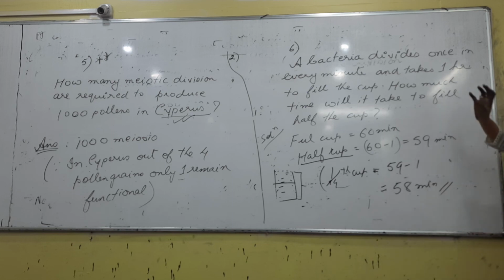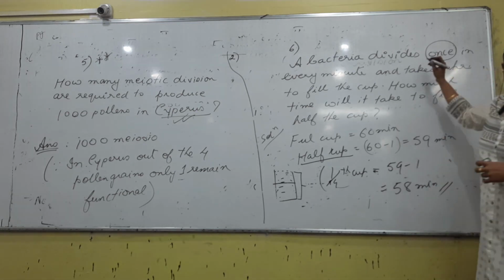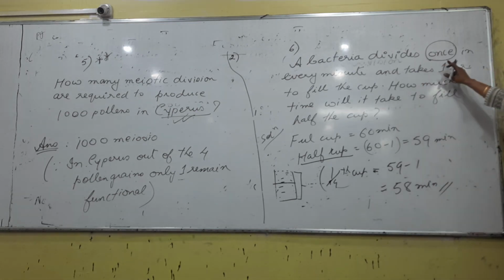Again, sometimes if they give a complex question, you have to see this word also. Sometimes the question says a bacteria divides twice in every minute, then it will be minus 2. Sorry, not this one.